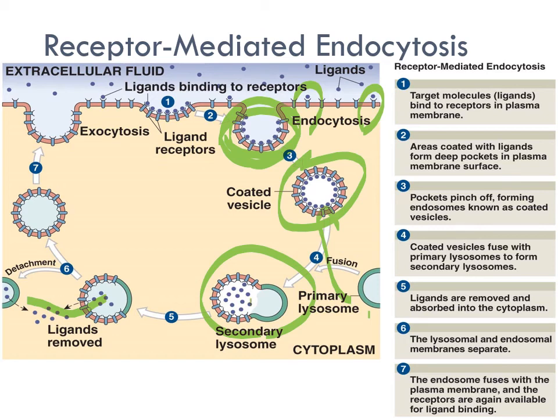The lysosome then releases the substance A from the receptors and releases the substance A into the cell so that we can use it. And then the empty vesicle goes back and attaches back into the cell membrane. So all of those receptors are back there, and then the whole process can start all over again.